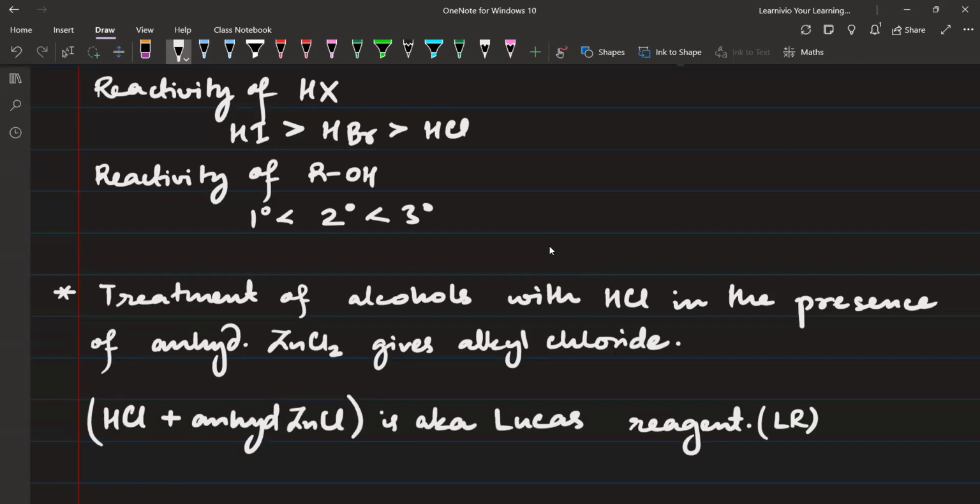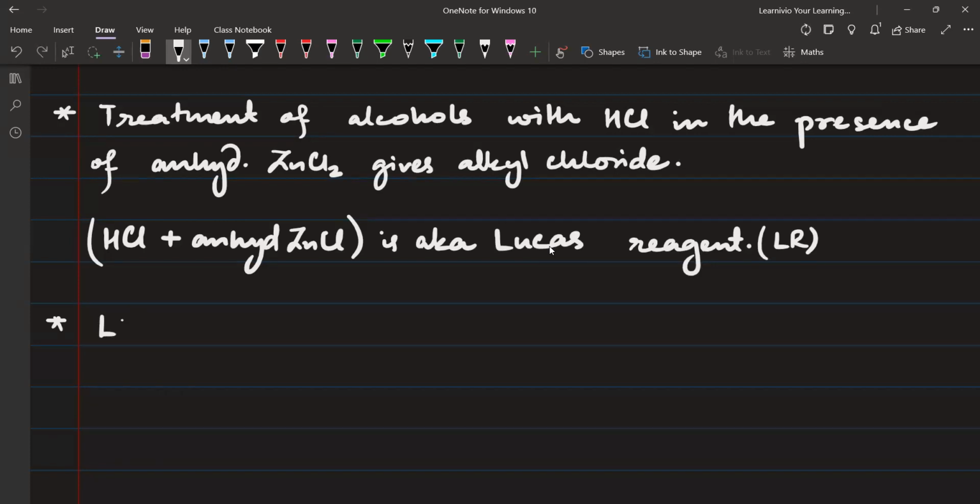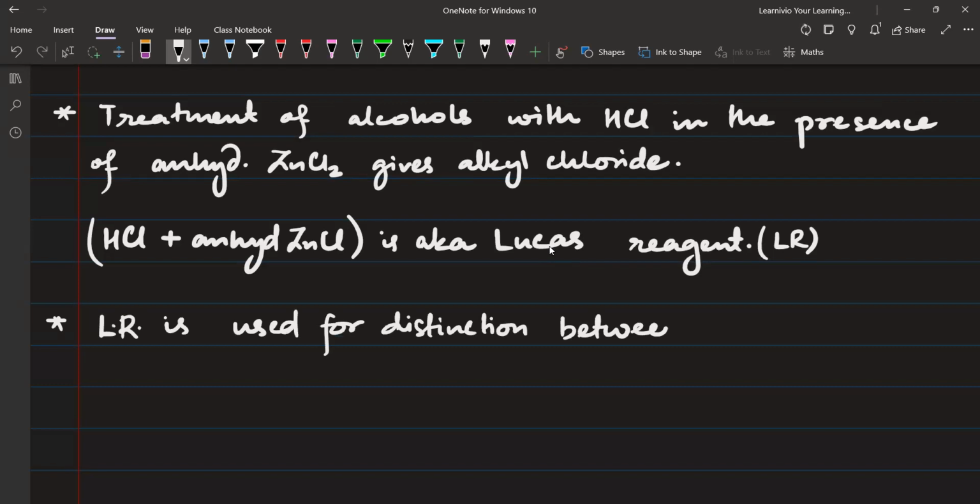Lucas reagent is used for distinction between 1 degree, 2 degree, and 3 degree alcohols.